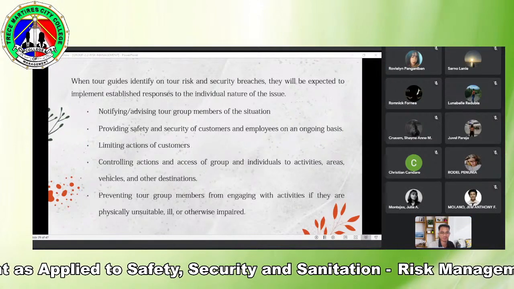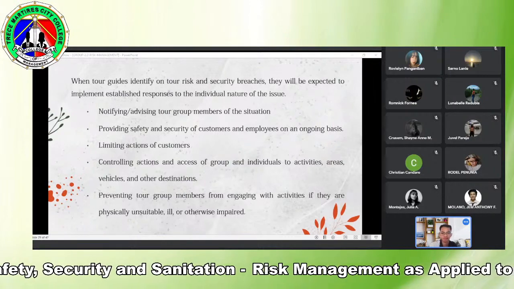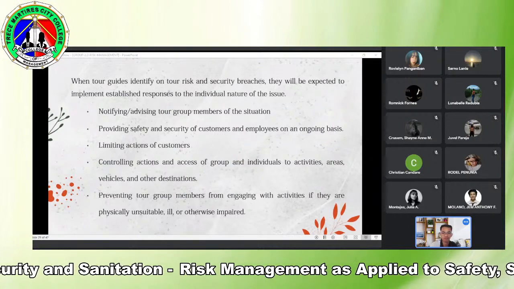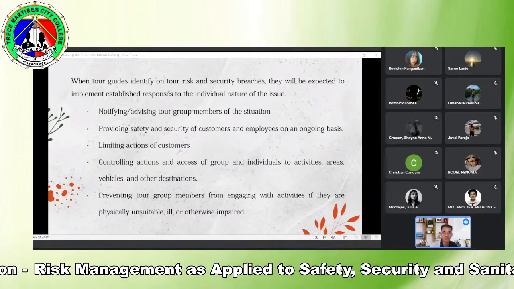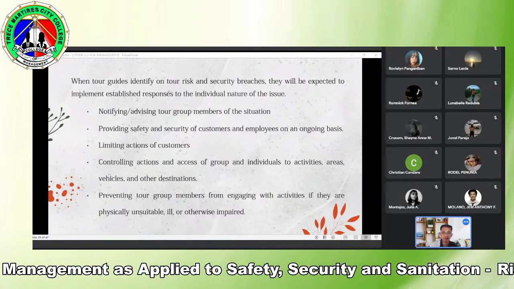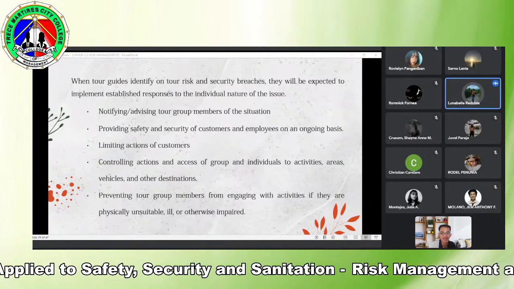Responsible, sir. Nasa quiz yun kanina eh. Insurance po. Vicarious liability po ba?